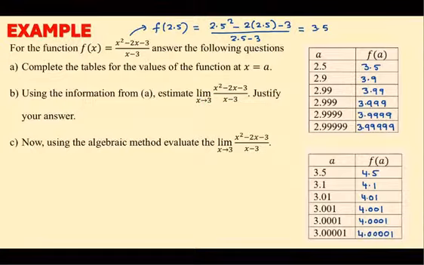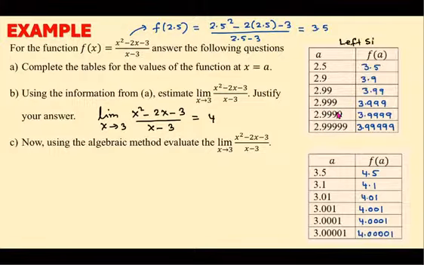So we can say that the answer for the first part is: the limit as x approaches 3 of the function (x squared minus 2x minus 3) over (x minus 3) is equal to 4. What we did in parts A and B is make tables to find the left-hand limit, from the left side, and the right-hand limit, from the right side.